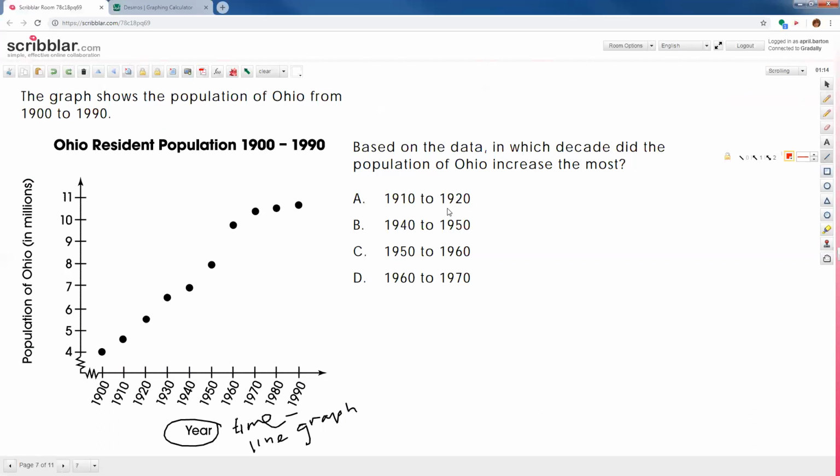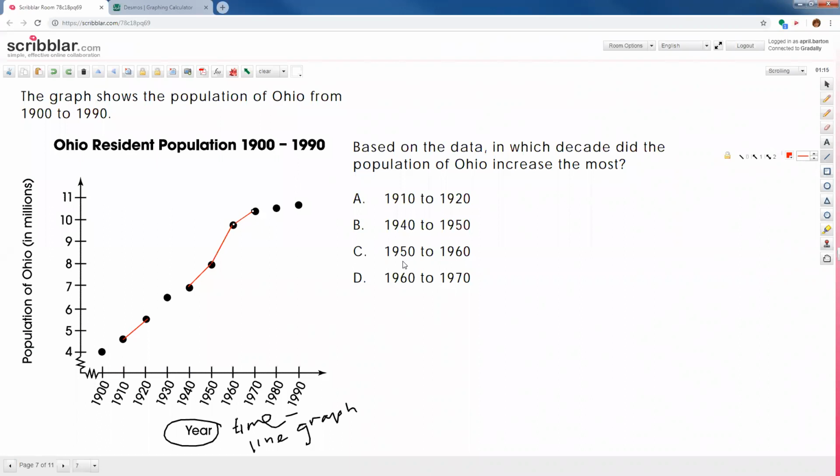So first one is 1910 to 1920. Second is 1940 to 1950. Oops, that's the wrong line. Let me fix that. 1950 to 1960. And 1960 to 1970.